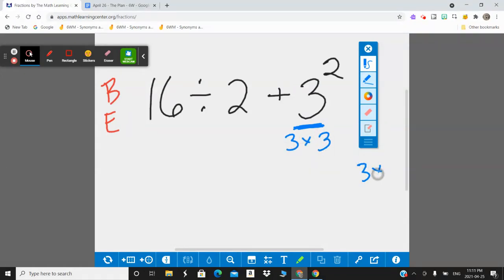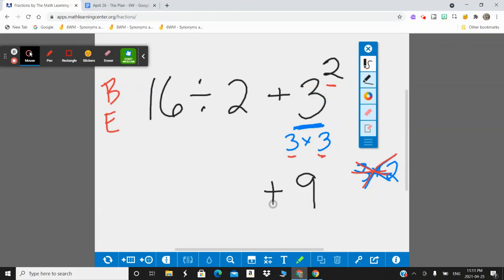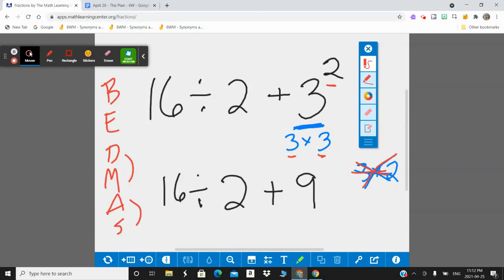It does not mean 3 times 2. No, no, no. That means I'm multiplying 3 times 3. Okay, so 3 times 3 is 9, and then I'll just rewrite plus, and I write my expression again, and following BEDMAS, we do our division and multiplication in any order from left to right, and addition and subtraction in any order from left to right.